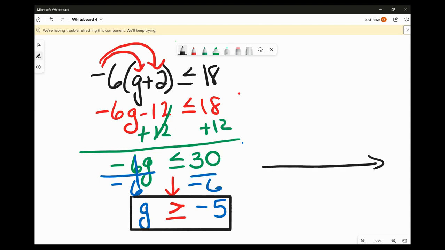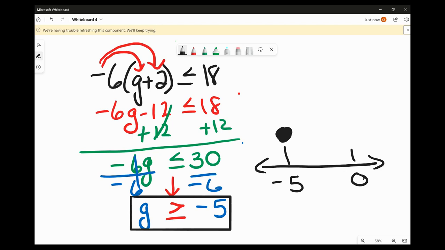So I'm going to plot this. We have negative 5. I'll put a 0 on here, though it's not really too important to have the numbers on there. Now I'm going to put a circle here. Since this is a greater than or equal to sign, I fill in the circle. If it wasn't also equal to, I would keep an open circle.